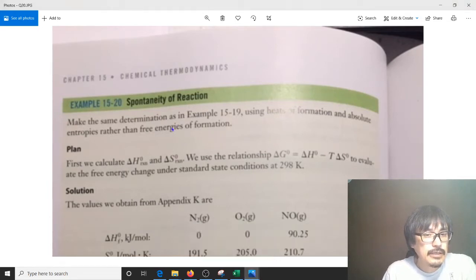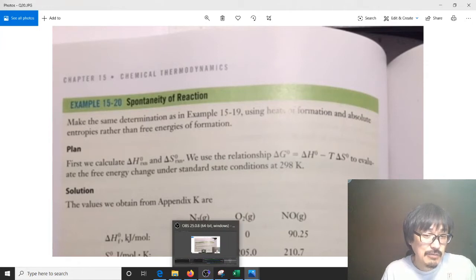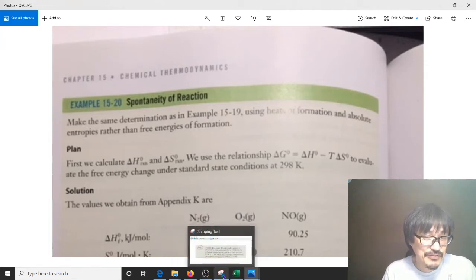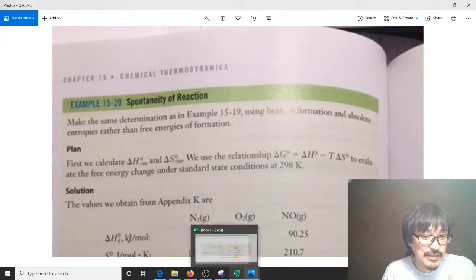So it's the same problem as question number 19. You're supposed to calculate N2 plus O2 becoming 2NO, and then you're supposed to get the delta G of formation. But what happens if your thermodynamic table is somehow blocked, so that you don't get the delta G?